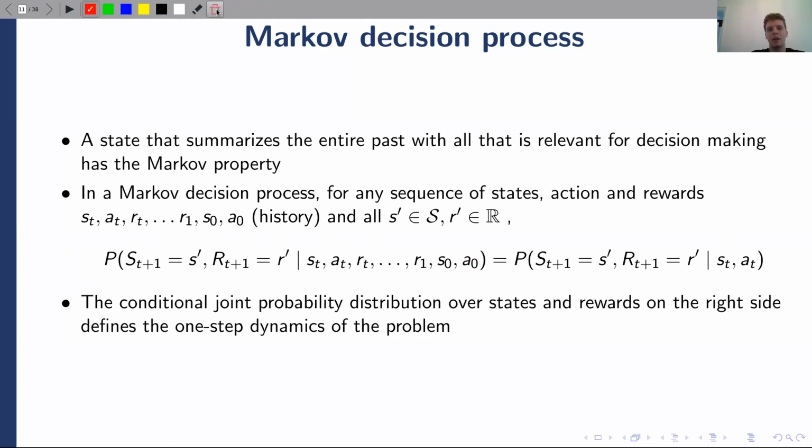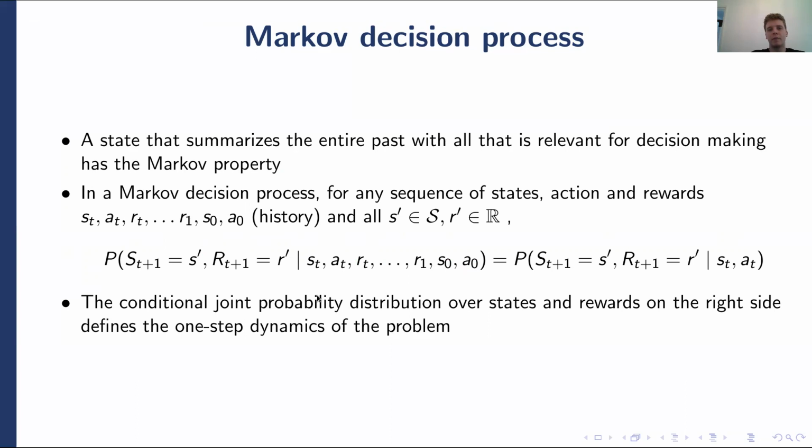In a Markov decision process, the conditional joint probability distribution over states and rewards is called the one-step dynamics of the problem. And it's basically all that you need to know.